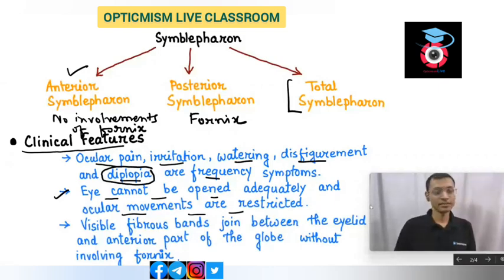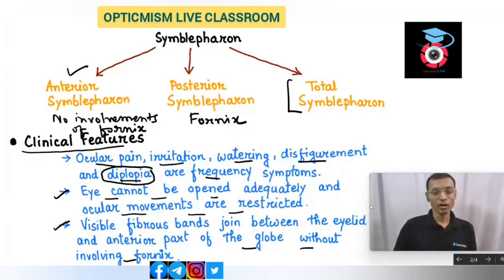Okay, fine. Then the next clinical feature is that visible fibrous bands join the eyelid and the anterior part of the globe. The anterior part of the globe means the anterior surface of the cornea and bulbar conjunctiva, without involving the fornix. I already said that without involvement of the fornix, symblepharon is categorized as anterior symblepharon.